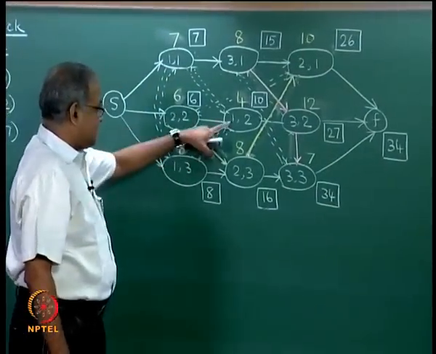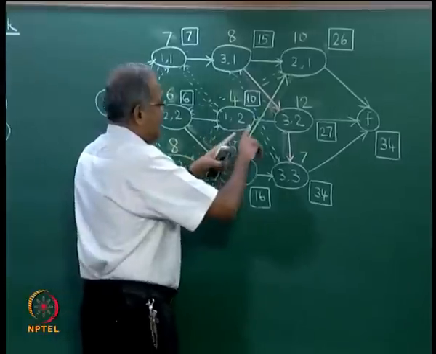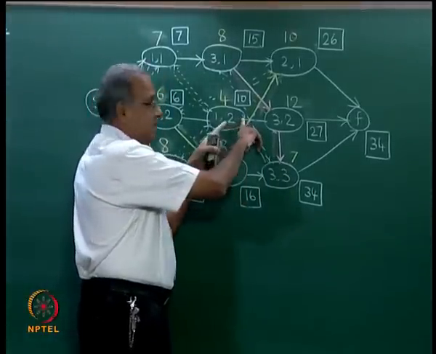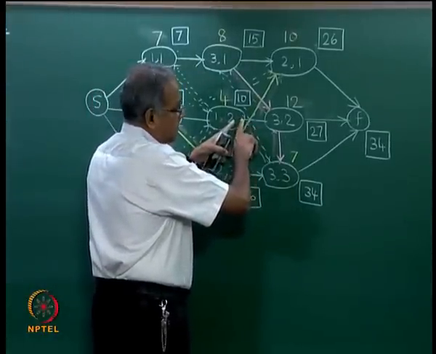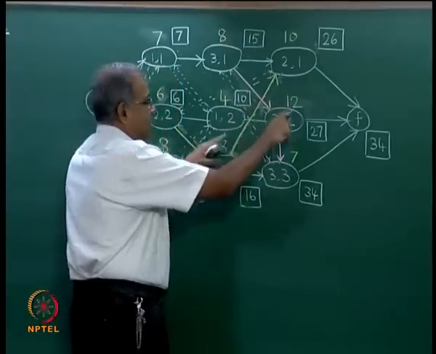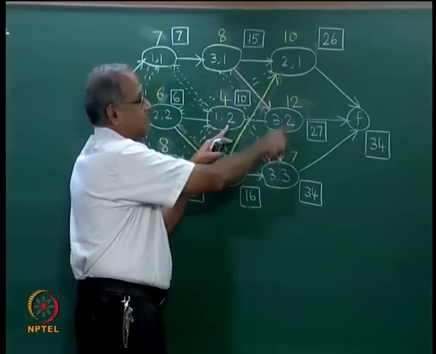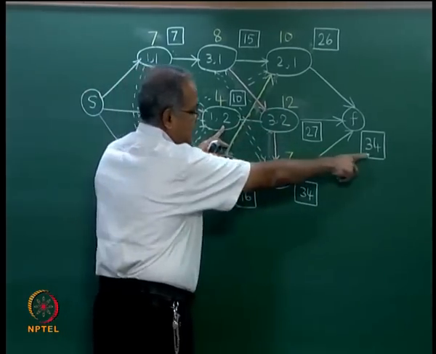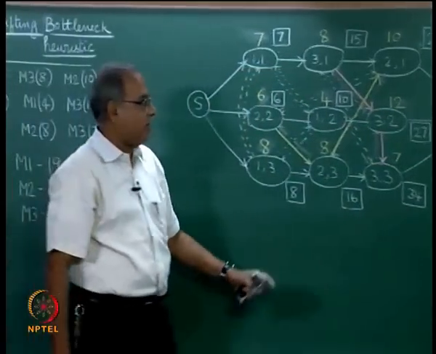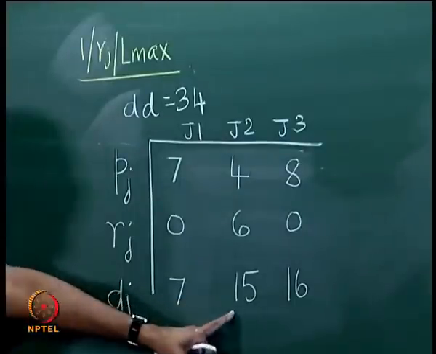Now as far as this is concerned, once again in the due date, the latest that this has to be completed comes from 12 plus 7, it has remaining 19 time units of processing, and since it has to finish at 34, the due date will be 15.